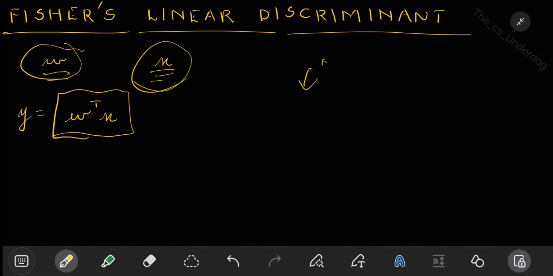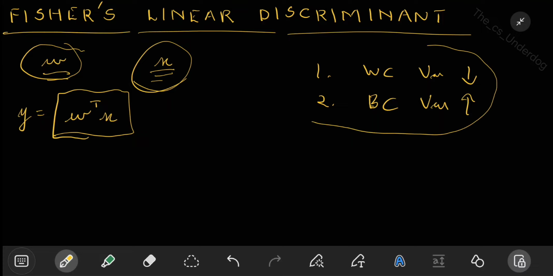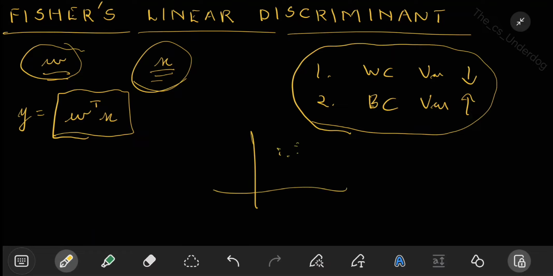Okay. So the next thing is, once you project, whatever conditions we previously said, that is, one, the within class variance should be the lowest, and the second, the between class variance should be the highest. These two conditions are to be satisfied not for the original points, because for the original points you already know the variance. They are to be satisfied for the projection.